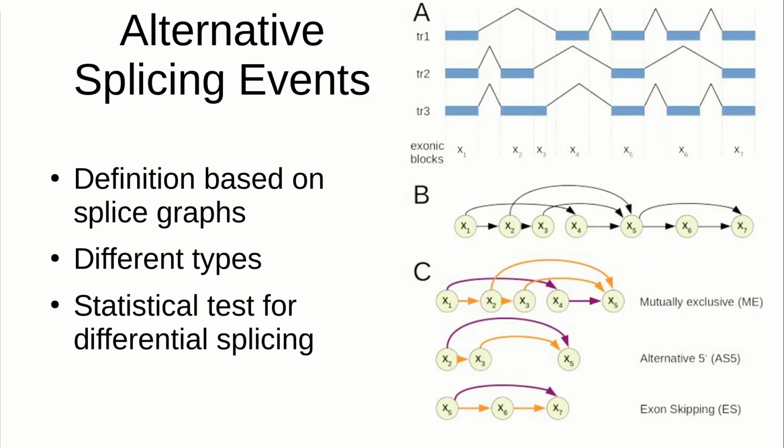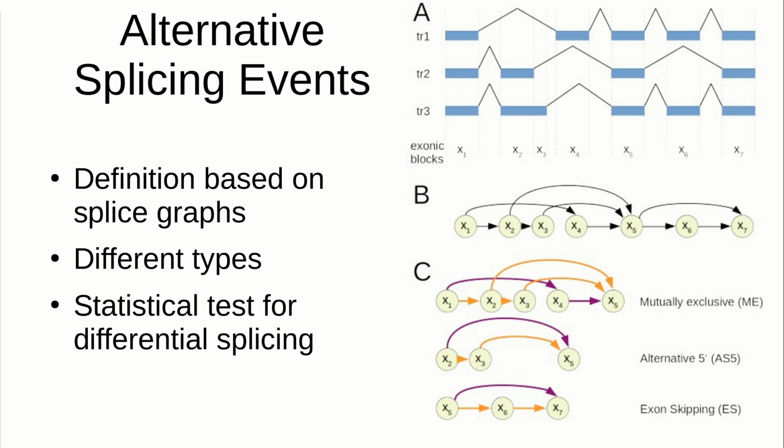The transcript structure of a gene is encoded internally in a graph that is used in several methods for efficiency. The most remarkable use is the definition of alternative splicing events.